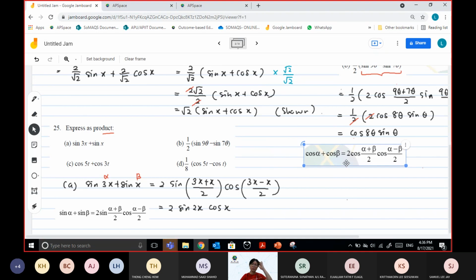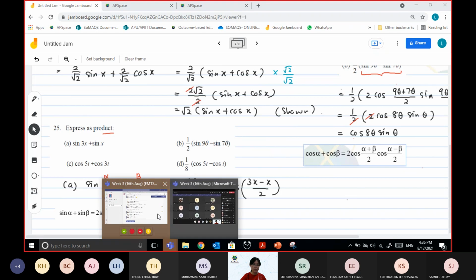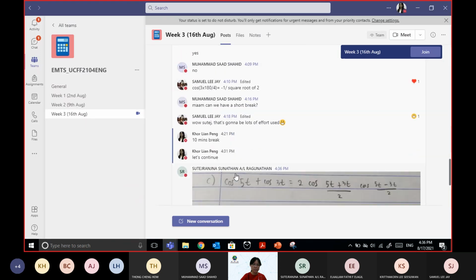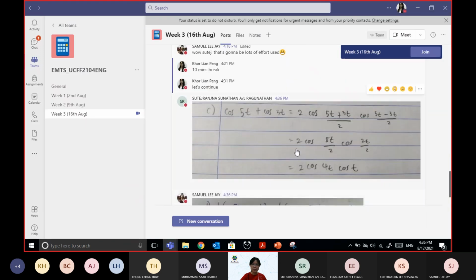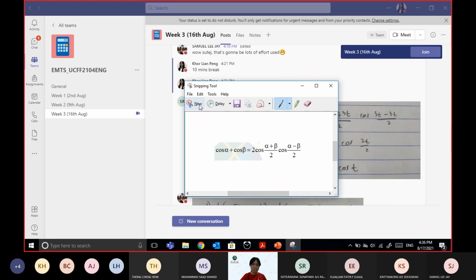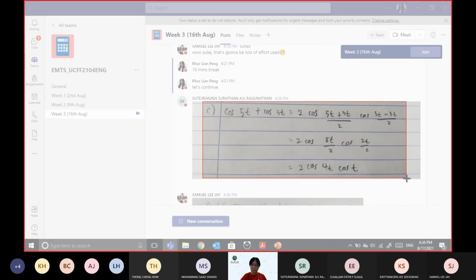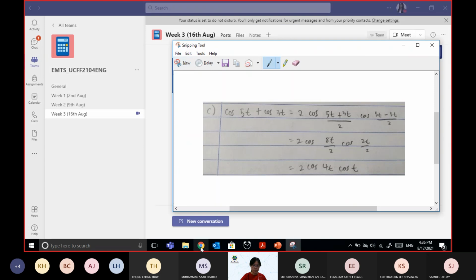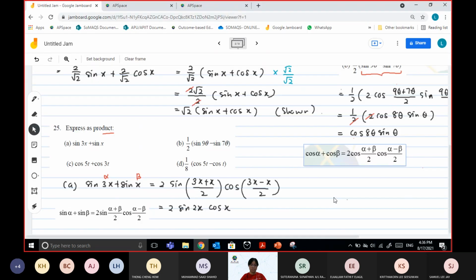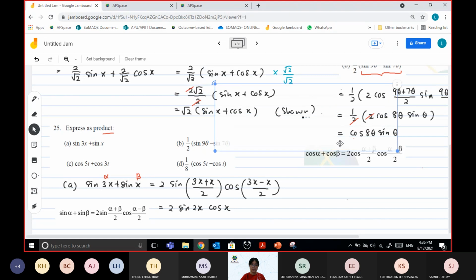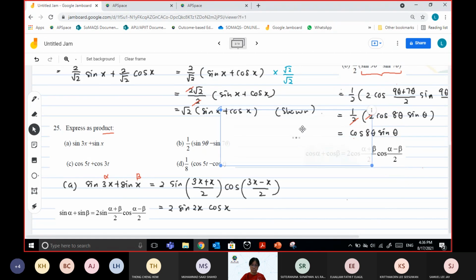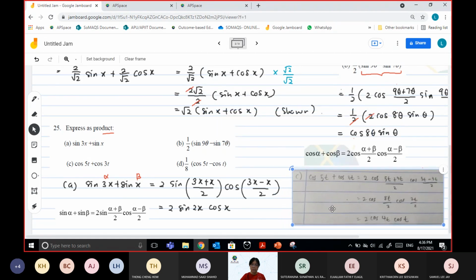This is the one you can use for the third question, C. Okay, so we have a solution from Sutej, and Samuel's is coming. So this is the solution from Sutej.